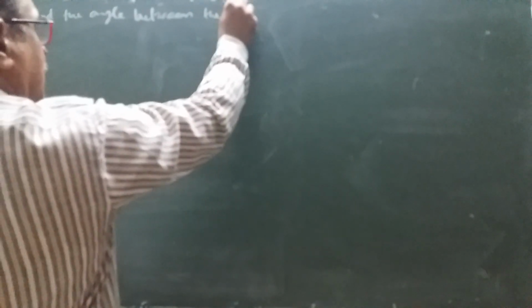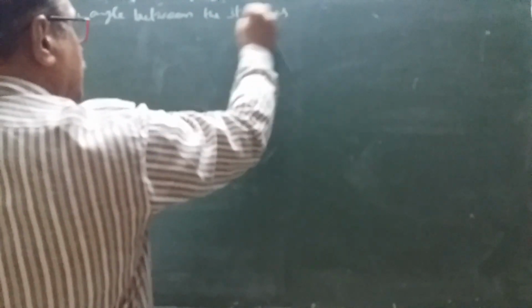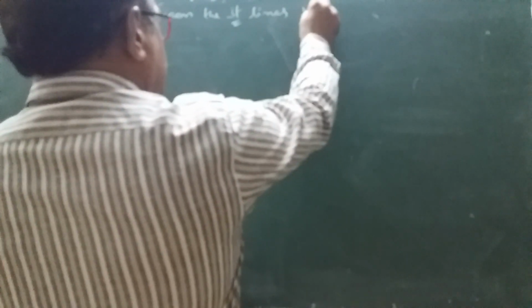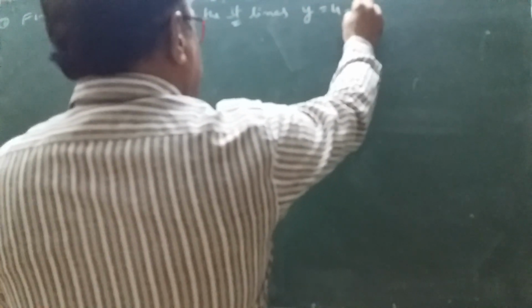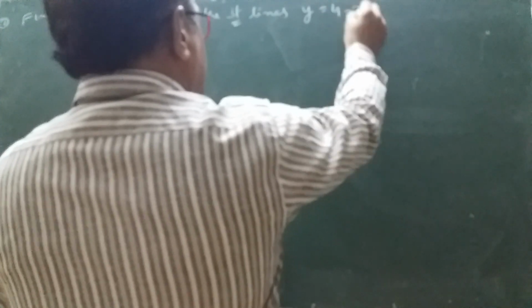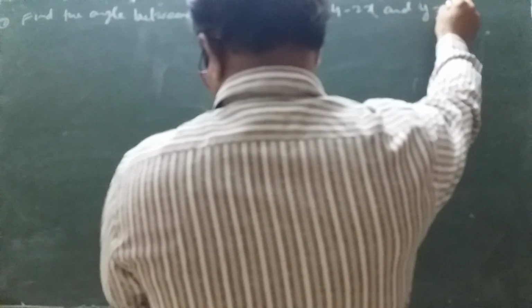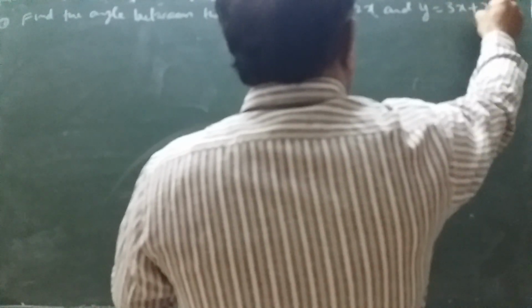Next problem is: find the angle between the straight lines y is equal to 4 minus 2x and y is equal to 3x plus 7.